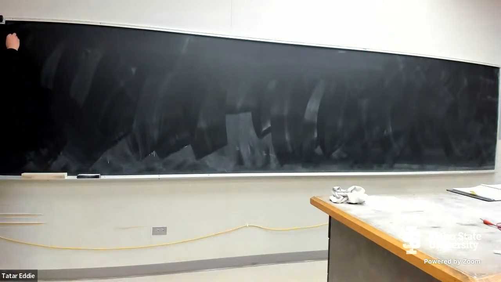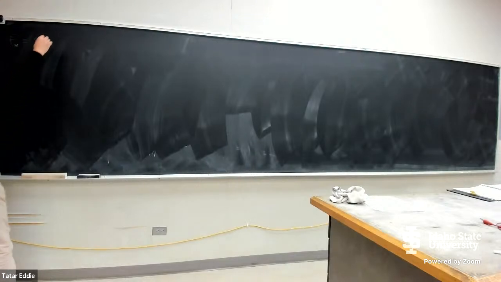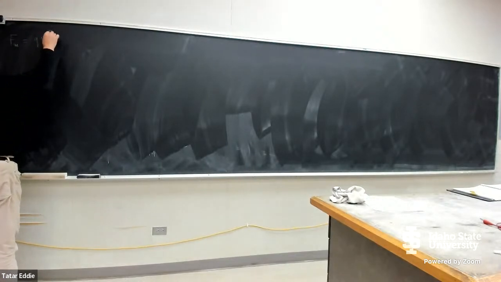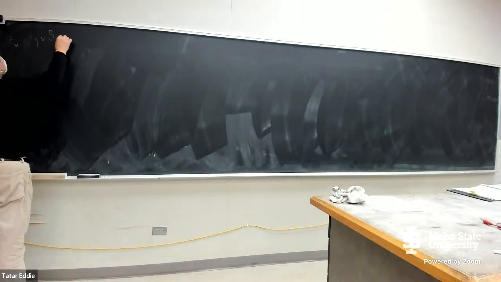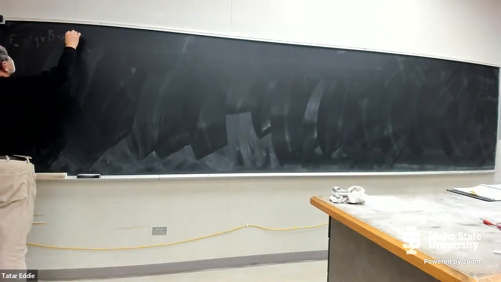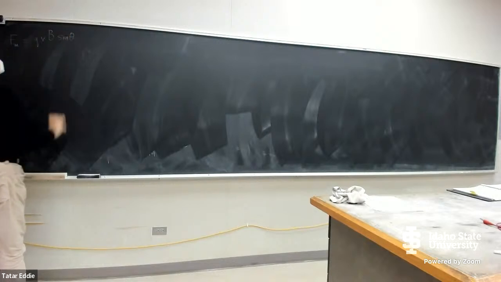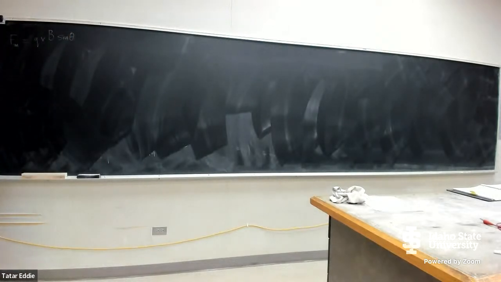And the magnitude of that magnetic force is proportional to the magnitude of the electric charge, proportional to the speed of that electric charge, proportional to the strength of the magnetic field. And there is a factor describing the direction of motion of the electric charge with respect to magnetic field.